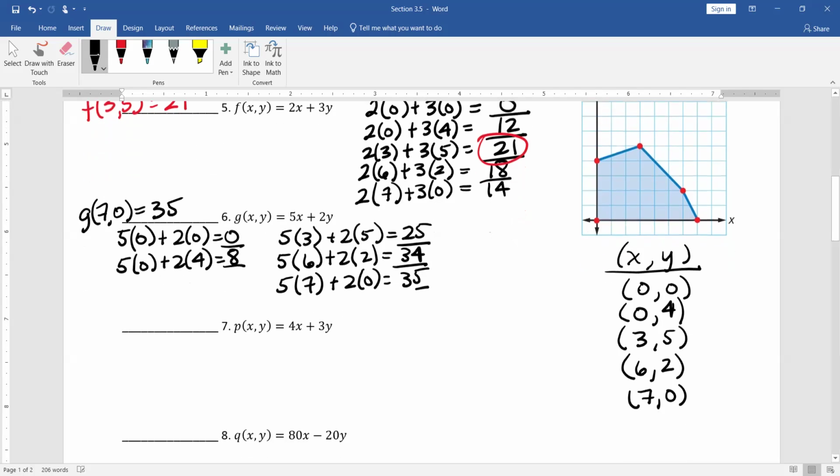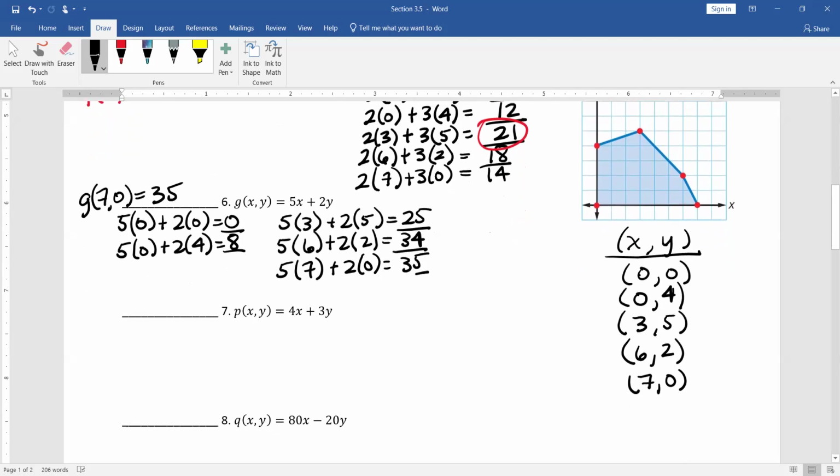That's my maximized. And we keep using the same process.